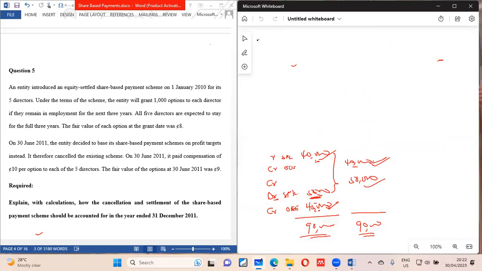But you see, under normal circumstance, you would have gone to do your 2010 financial. That one, you do your normal thing. 5 of them, all of them are expected to be there. So you do 5, then you do 1,000 options, right? Then you multiply it by 8. Grant date, then you do what? 1/3. Is that not what you would have done?